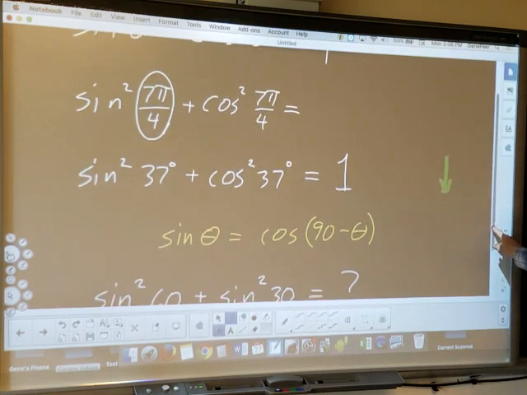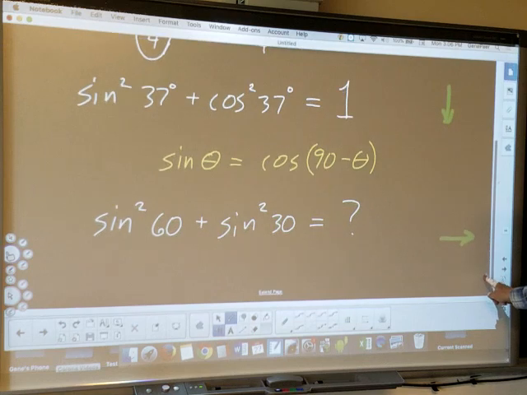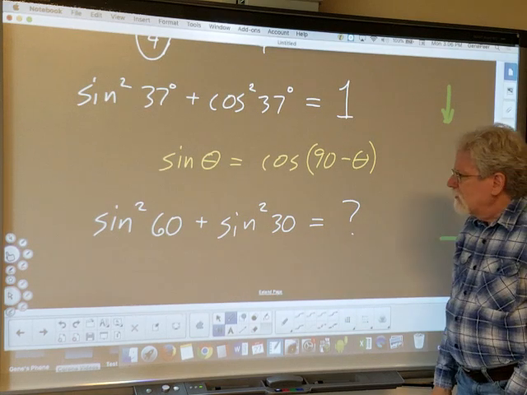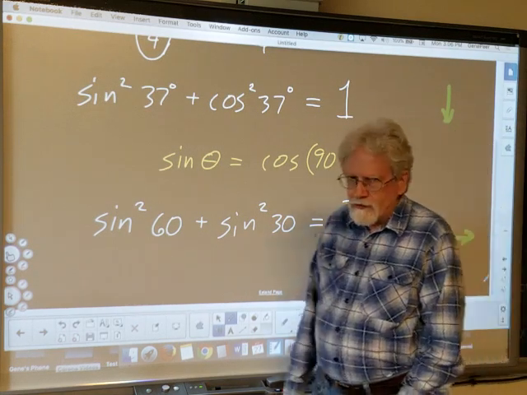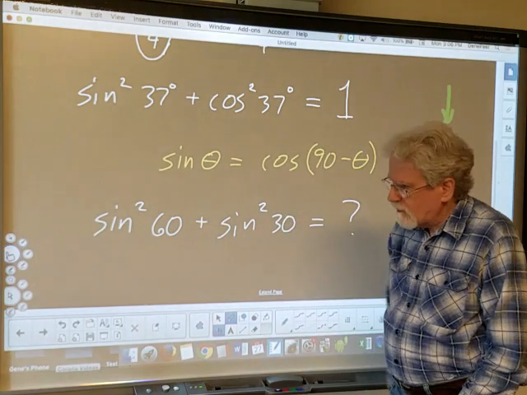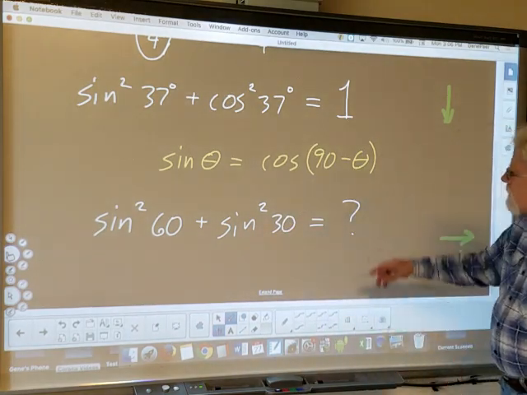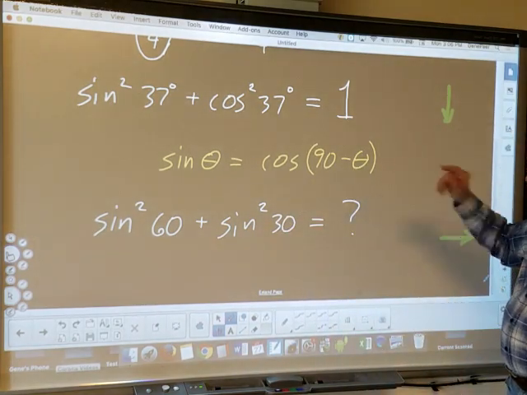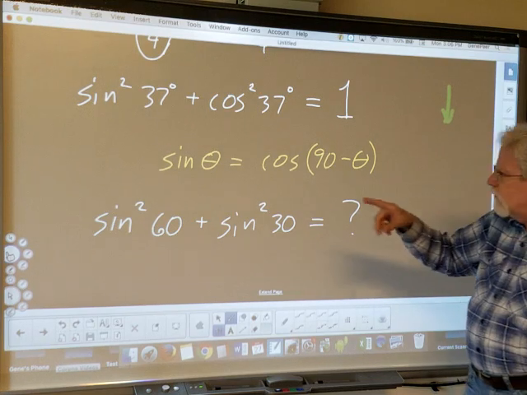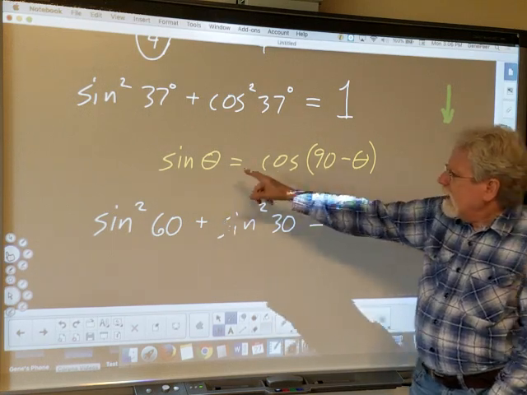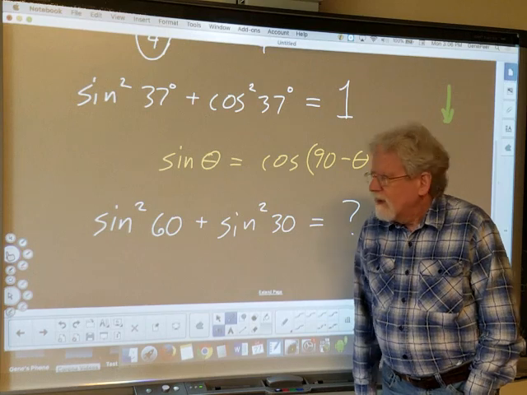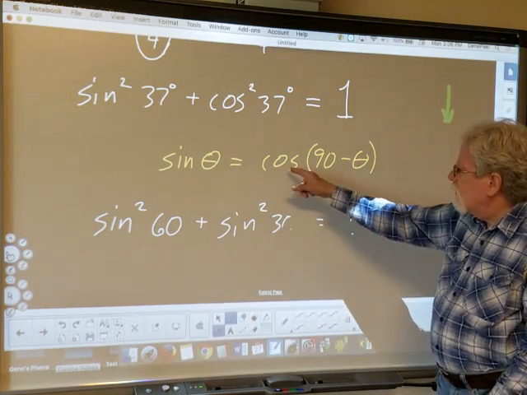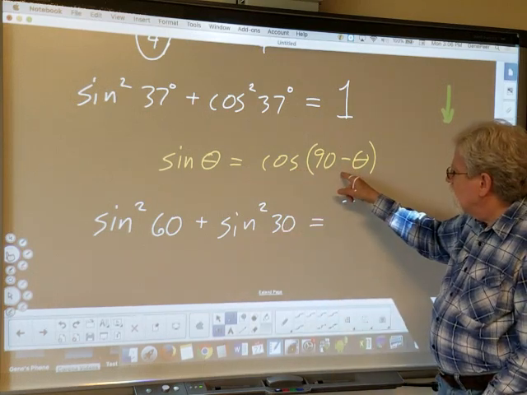Now, something I do not recall discussing before. It's an observation that we made back in geometry, back in 10th grade or whatever. So you haven't seen it in a while perhaps, and I don't recall addressing it in this chapter. But the sine of an angle happens to be equal to the cosine of its, what's that?